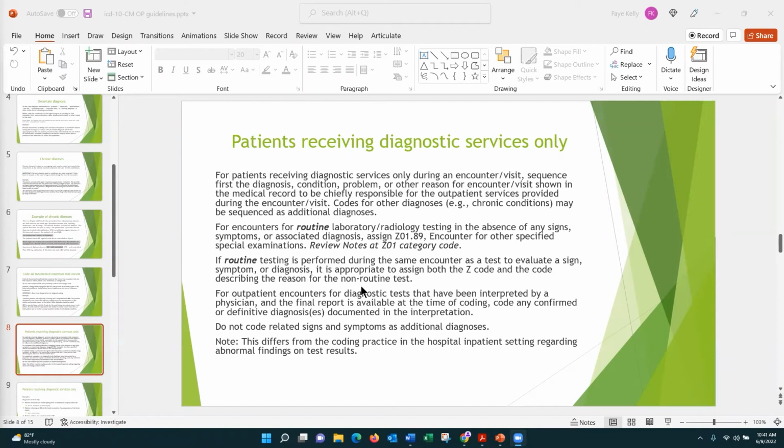Here's something to pay attention to. When you're coding in the outpatient world and the x-ray is available, the lab results are available, and they got documented results signed by the provider or the interpreter, such as the radiologist, you can code from that radiologist report.